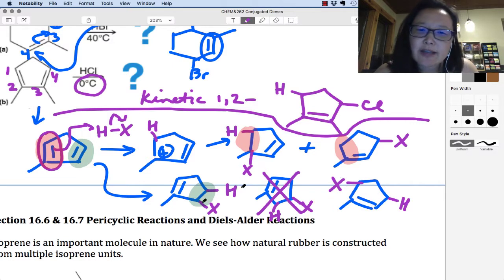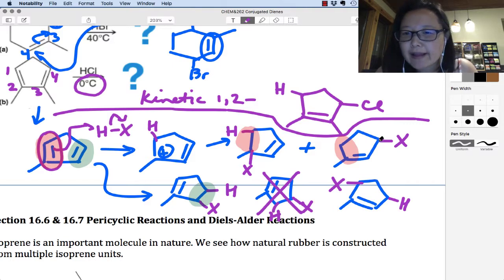And then you want to just look at them again and see if they're different from each other. Clearly, this has an X on the methyl group carbon, so that's a unique structure. These guys here, I think, are considered the same molecule. And here it depends on the chirality. This is the chiral center, but we're going to get the enantiomer because it's a carbocation, so you can have attack on either side.